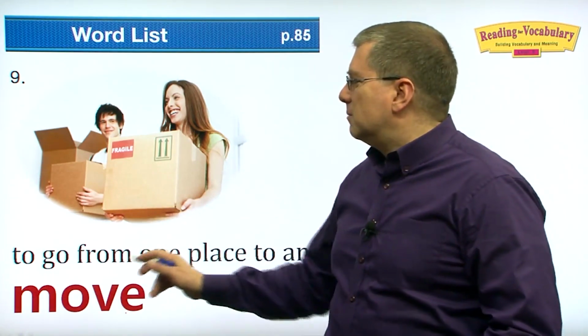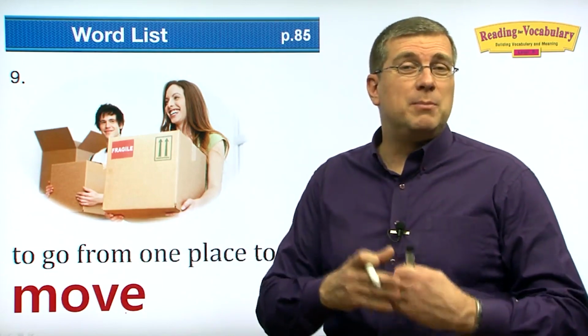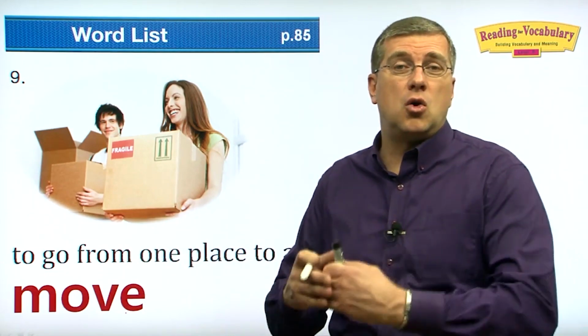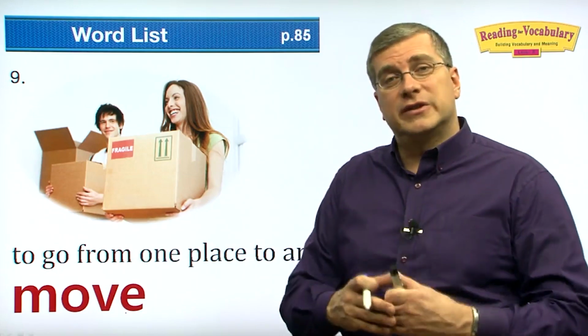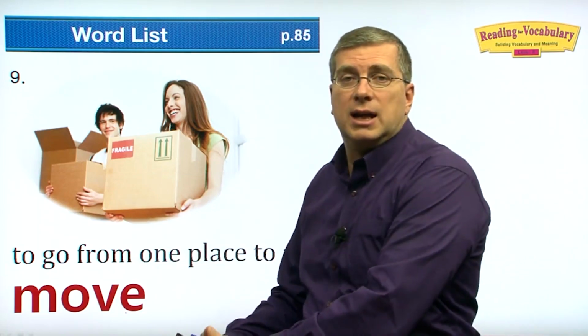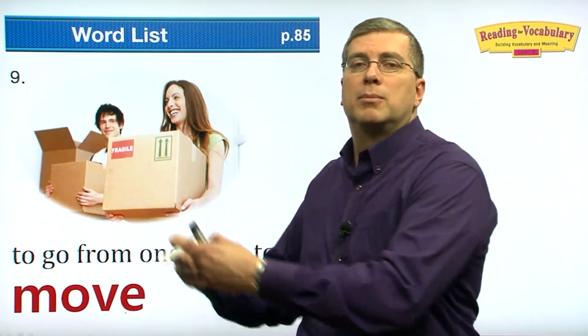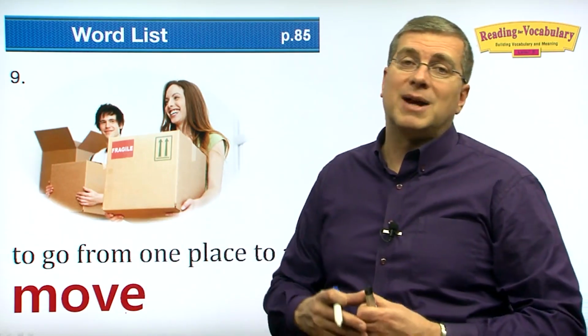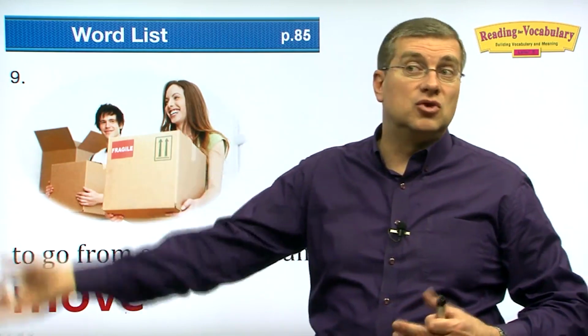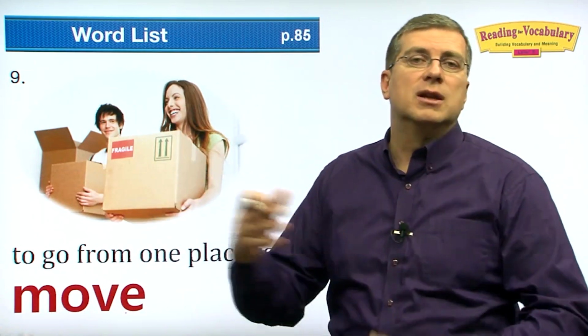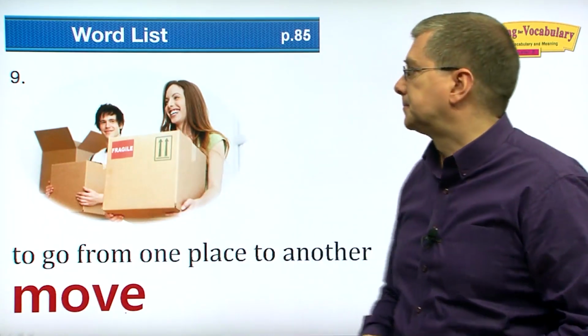Okay, so to move, especially when people move their house, they move their home. Let's move. We live in Seoul, let's move to Busan, or let's move to Daejeon. So you move from one place to another. Or you move from Gangnam and you go up to Cheongno, all right? You change the place where you live.